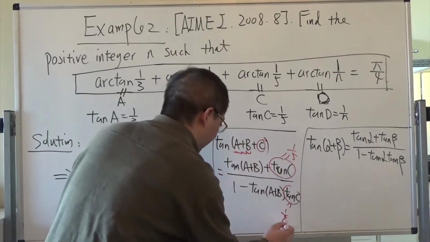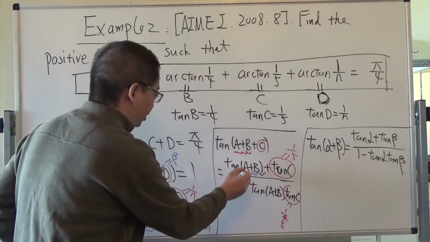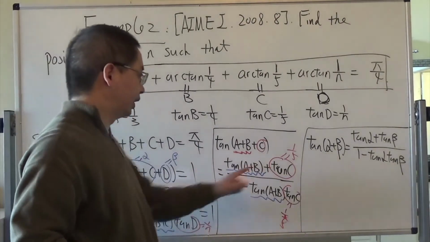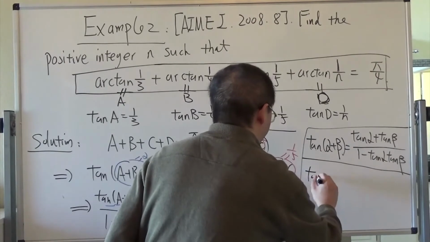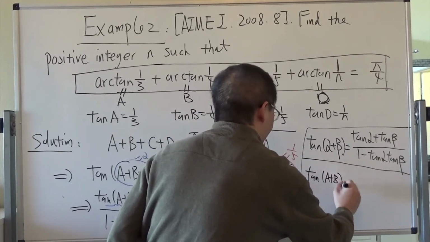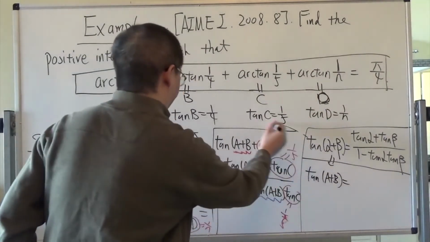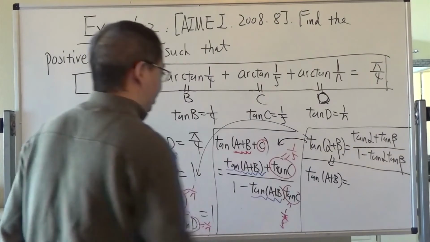Therefore, accordingly, we just need to figure out what is the tangent of A plus B. And for that, again, we just use the sum formula. So we have the tangent of A plus B equals, from this step, I use the sum formula again.